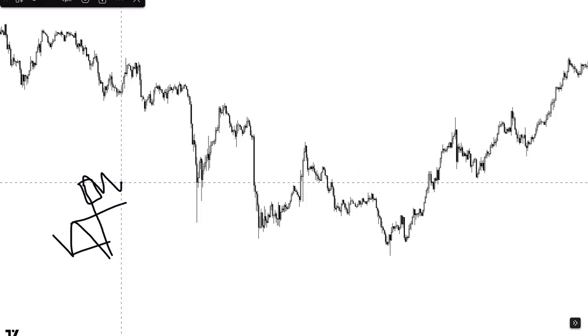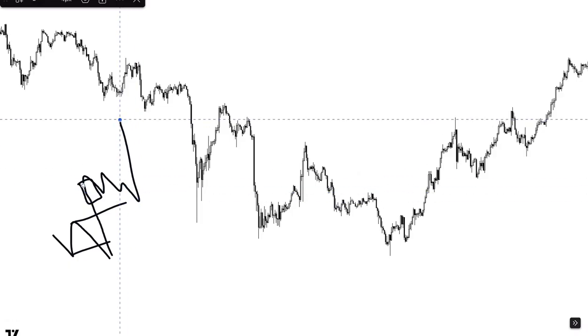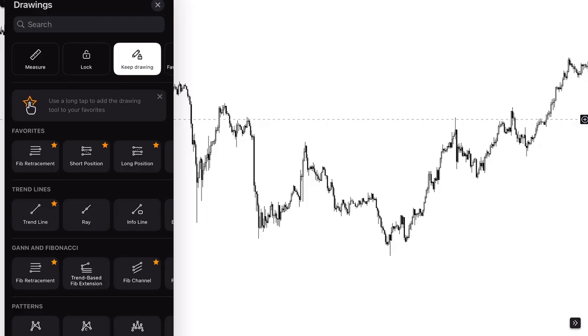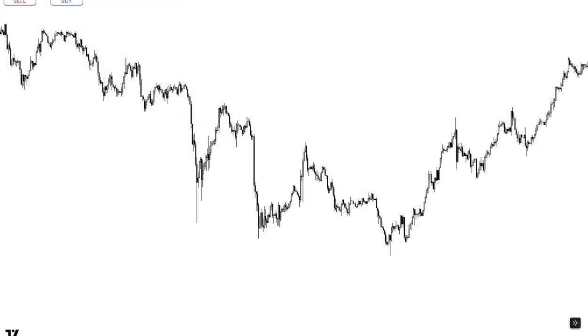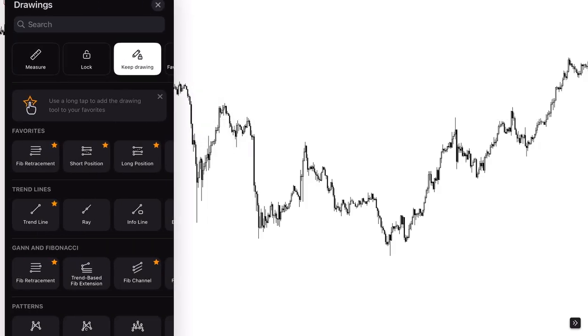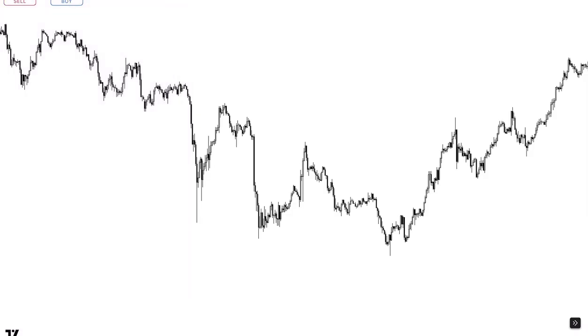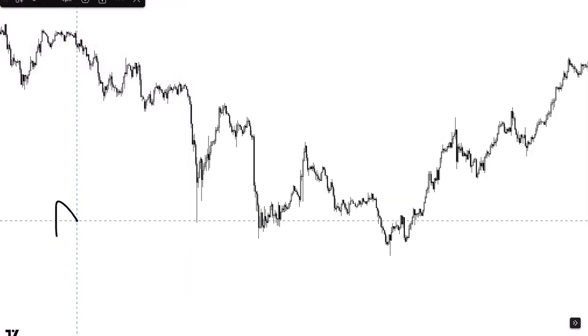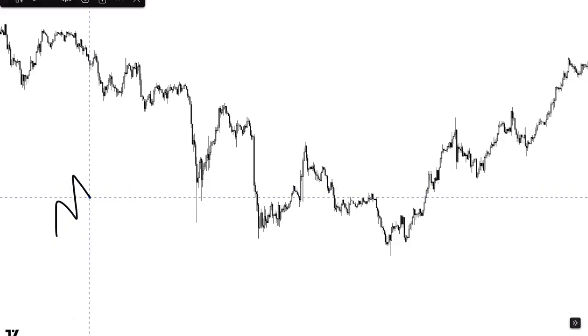Look for them to wiggle around and then go higher, right? That is a bullish, true market structure shift. And a bearish, true market structure shift is simply that, but reversed. High, low, higher high, breaking below the low that broke the high.